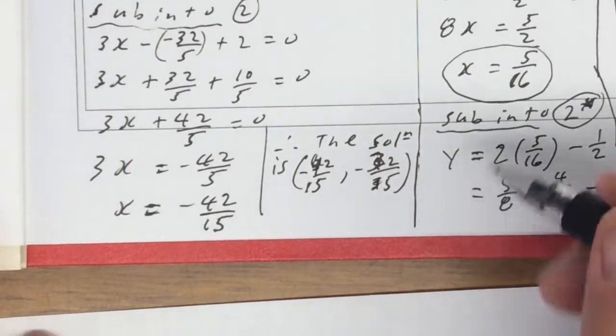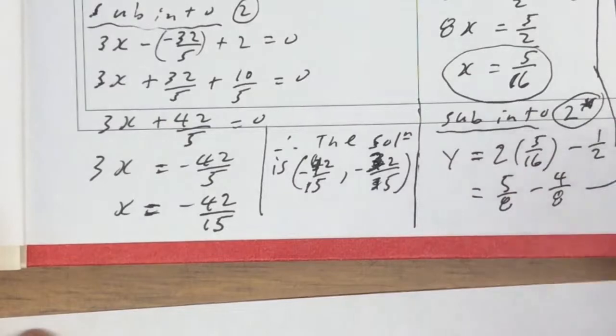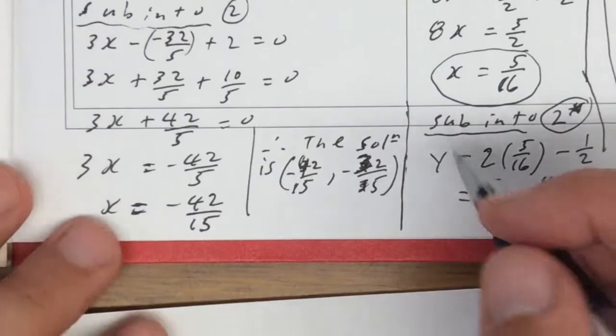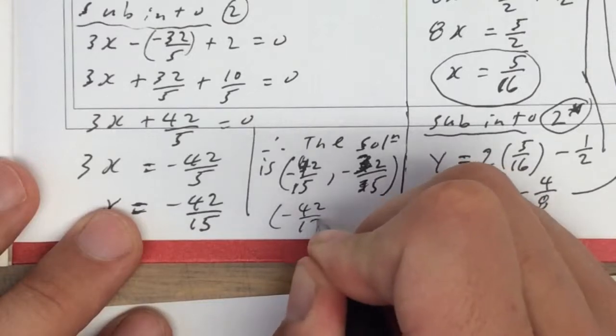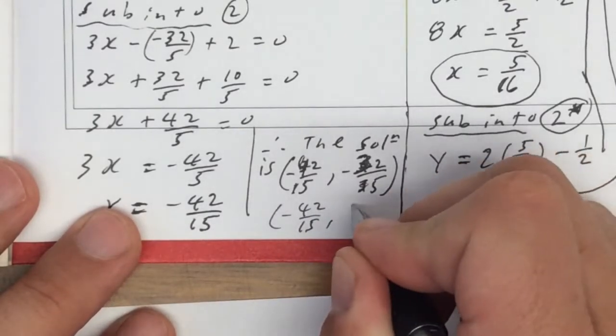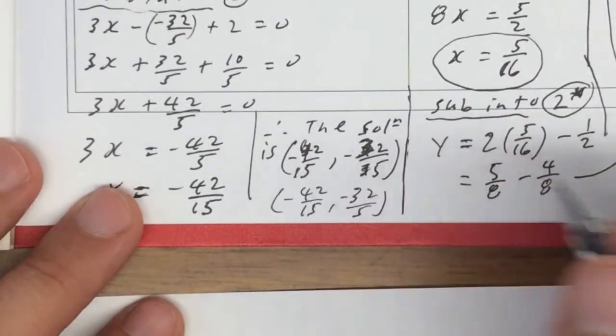Okay, so that 32 over 5 is the y. I'll just write that neater. So negative 42 over 15 and negative 32 over 5.